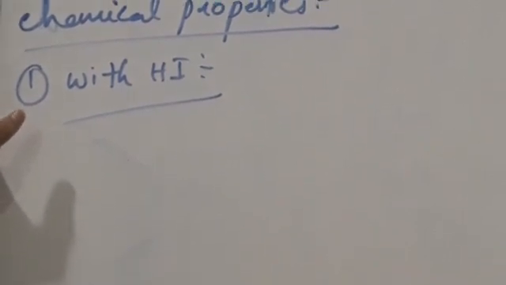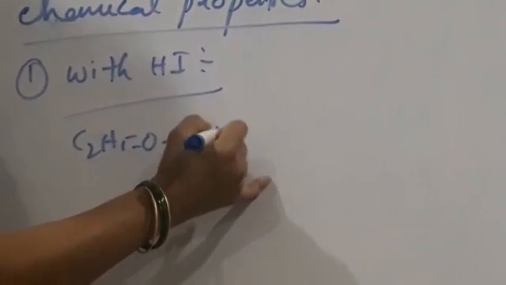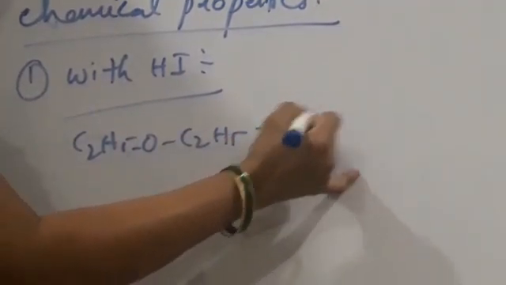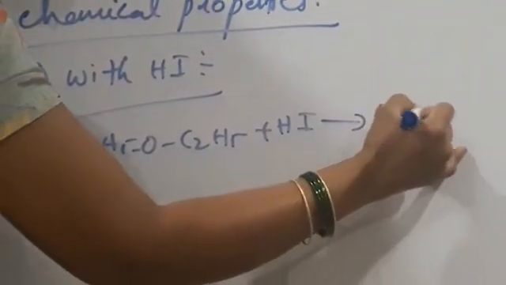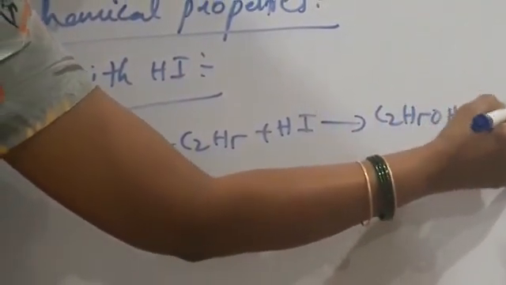If you take diethyl ether, when diethyl ether reacts with hydrogen iodide, we get alcohol and alkyl iodide. Okay. So diethyl ether with hydrogen iodide. The products formed here are ethyl alcohol and ethyl iodide.